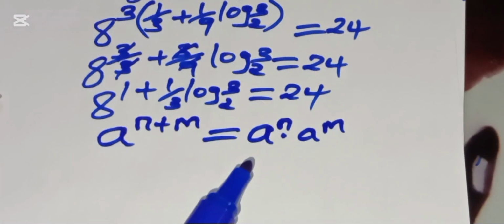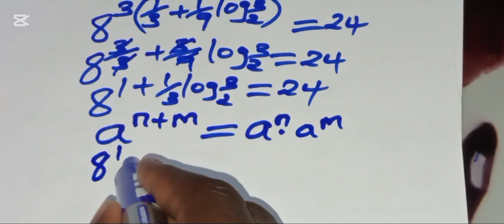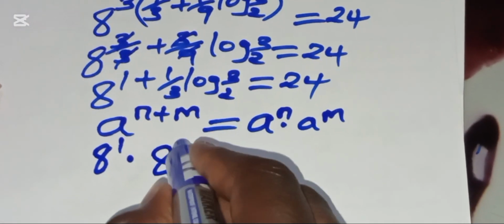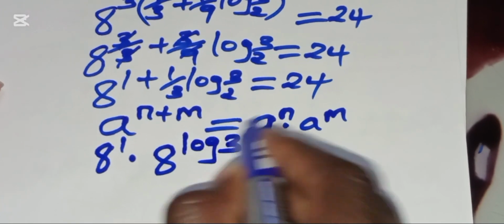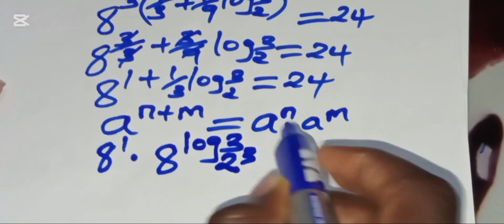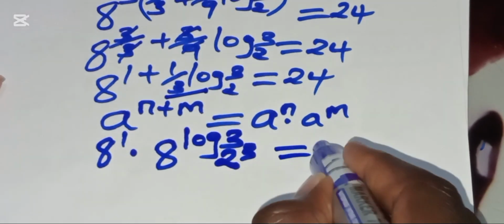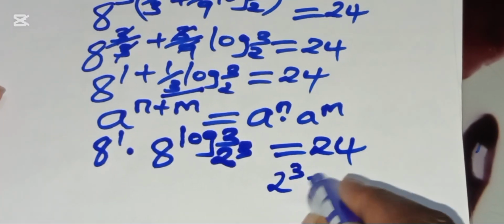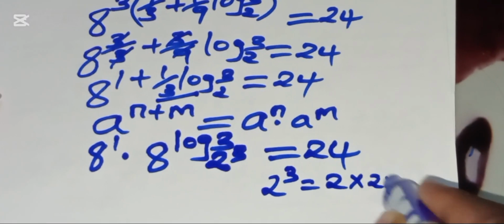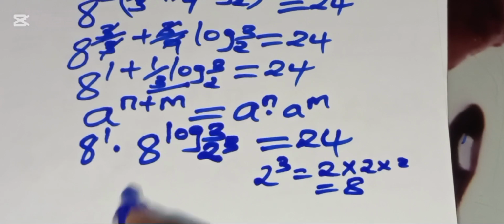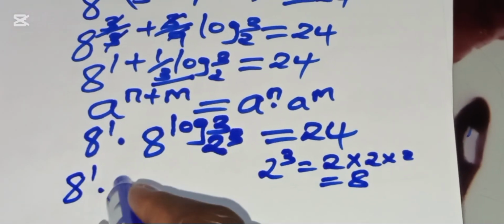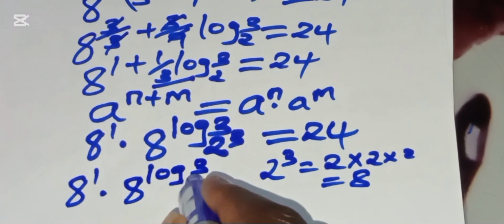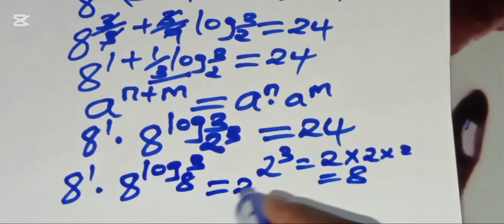So we're going to have 8 raised to power 1 multiplied by 8 raised to power a third log 3 to base 2, which is log 3 to base 2 raised to power 3 from what we have here, and this is supposed to give us a value of 24. 2 raised to power 3 is the same thing as 2 times 2 times 2, which is equal to 8. So this is 8 raised to power 1 multiplied by 8 raised to power log 3 to base 8, which is equal to 24.